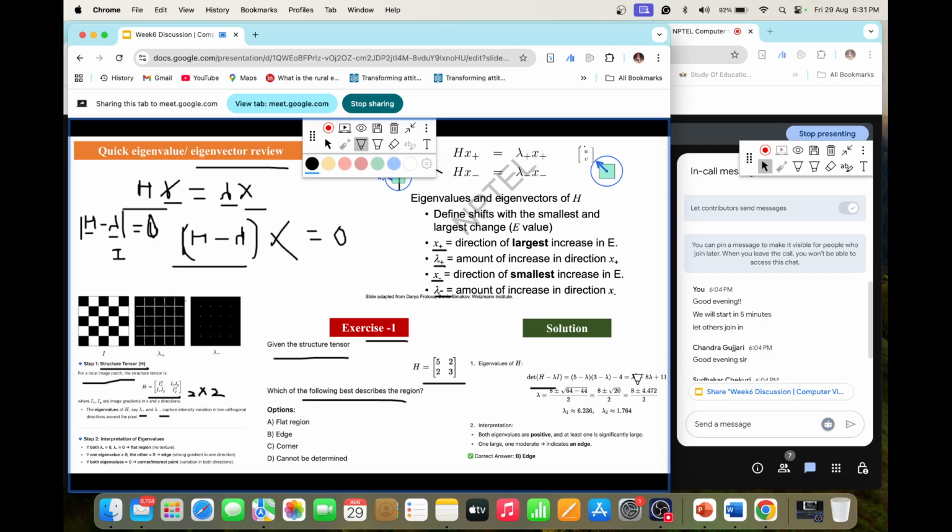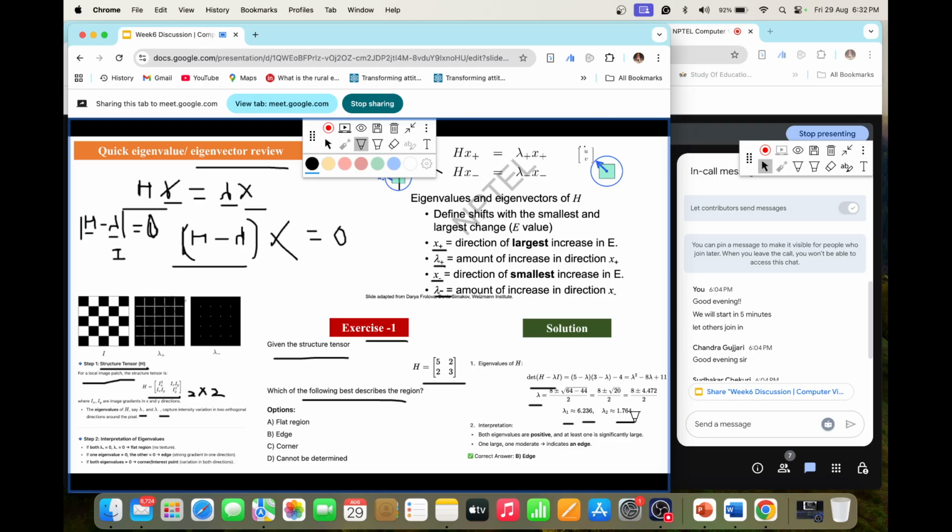That will be your equation, also known as the characteristic equation, and it should be equal to 0 to get the eigenvalues. So we are getting 2 eigenvalues: one is 6.236, another is 1.764.